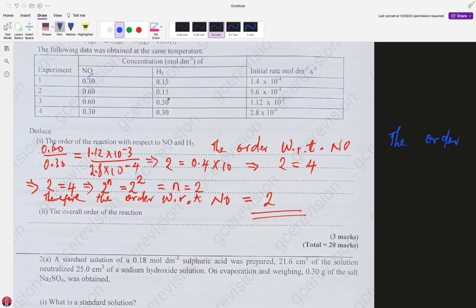So now, let's take experiment 2 and 3, which is this one.